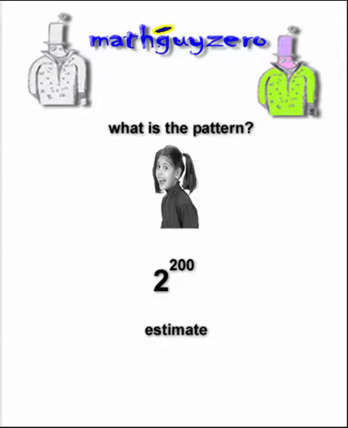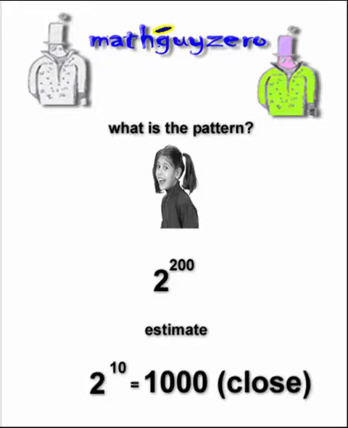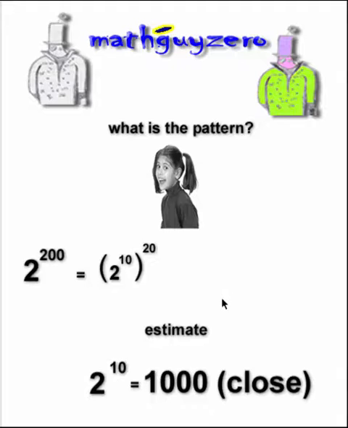We have to estimate because your average calculator will not do 2 to the 200. Here's a big hint. 2 to the 10 equals 1,024, which is relatively close to 1,000. So let's go ahead and substitute that. 2 to the 200, using one of the rules of exponents, right?